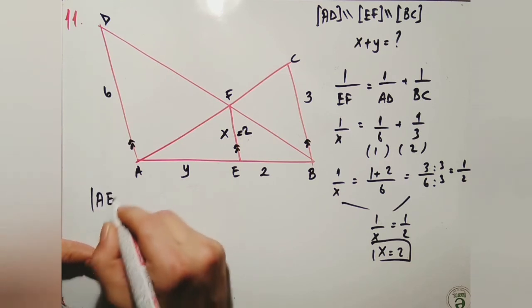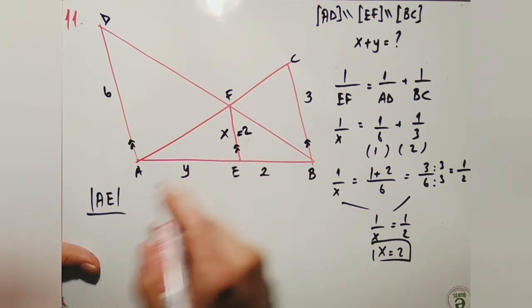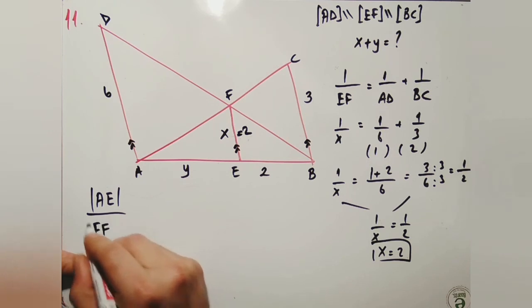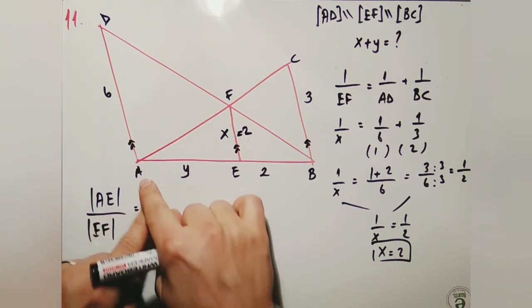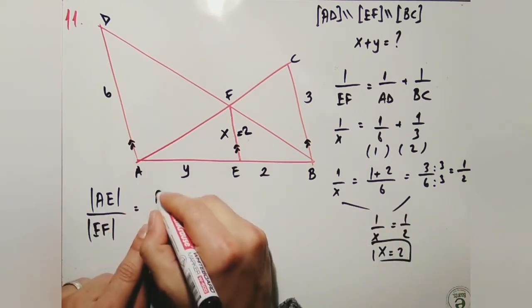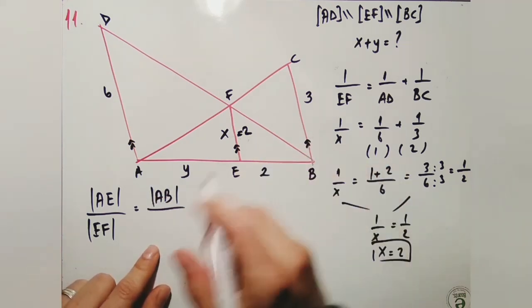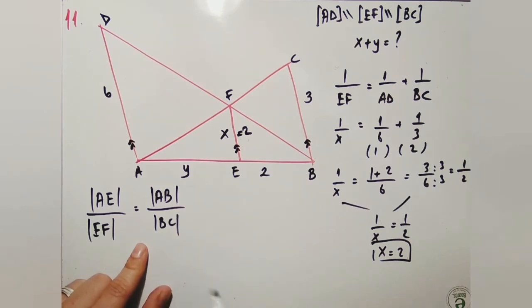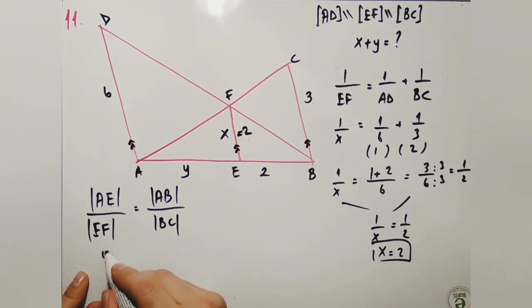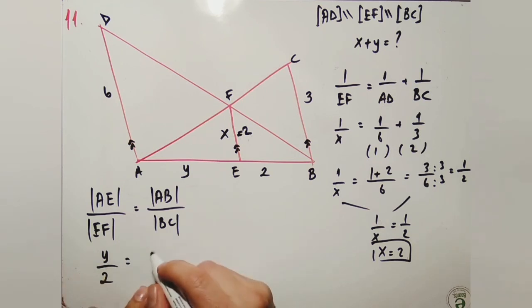AE over EF is equal to AB over BC. AE is Y, EF is 2, AB is Y plus 2, over BC is 3.